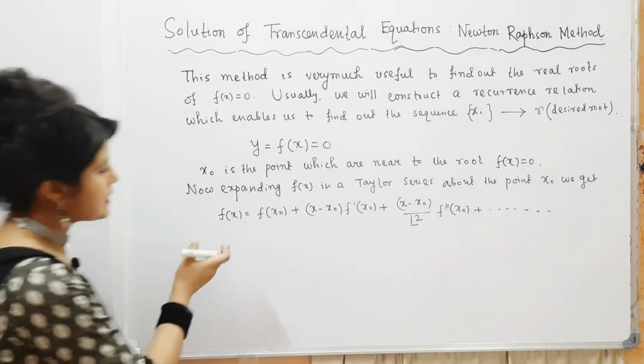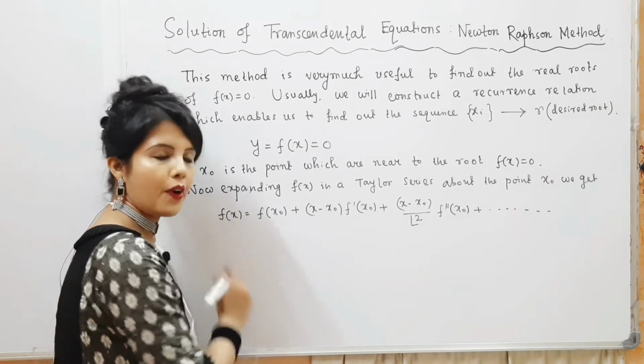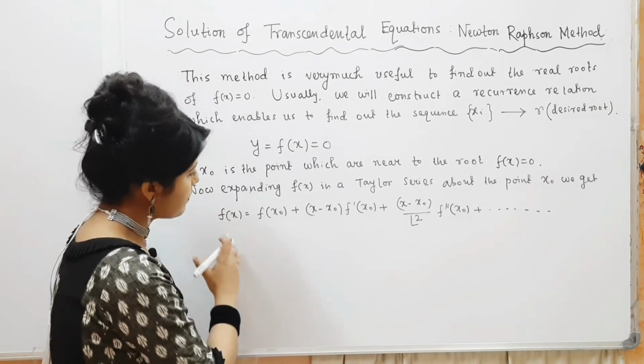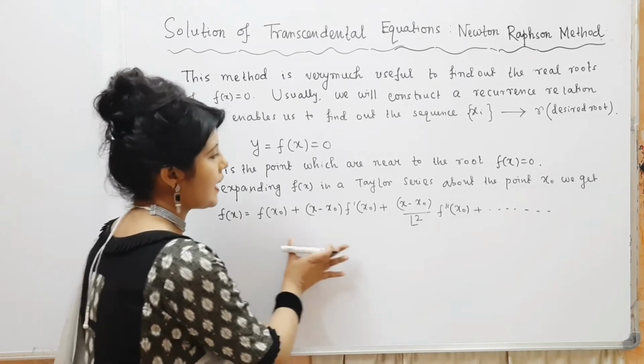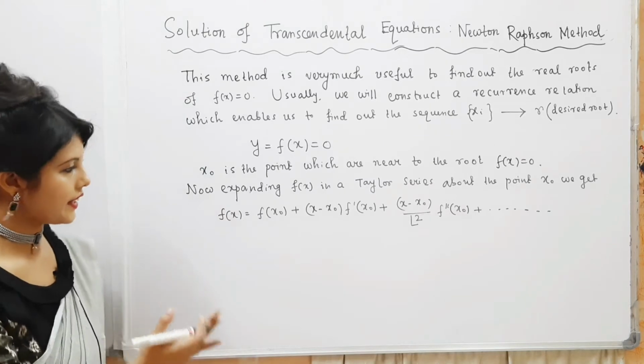So this is the Taylor series of f of x about the point x0.